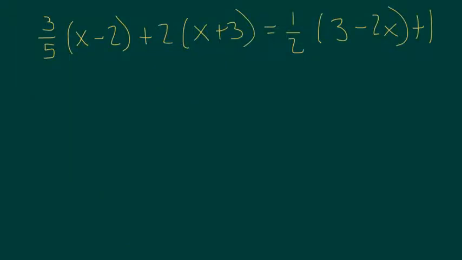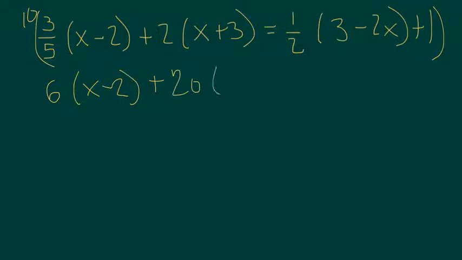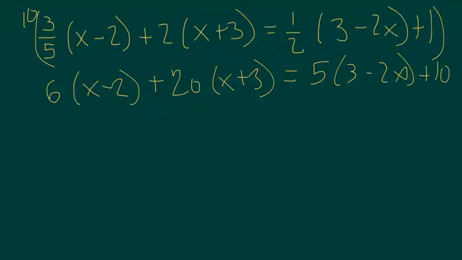Okay, now let's look at this dreaded problem from the beginning of our video. Alright, if I start off by multiplying by a common multiple of all the denominators, which would be 10, this would become 6 times x minus 2, plus 20 times x plus 3, equals 5 times 3 minus 2x, plus 10.